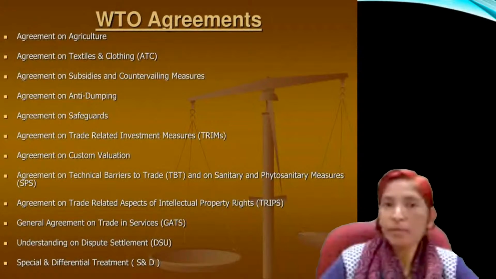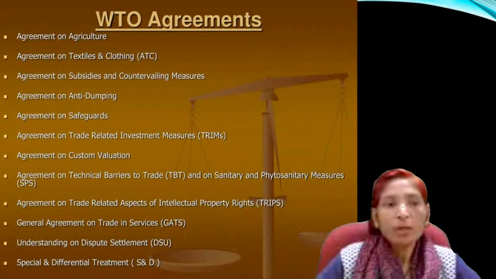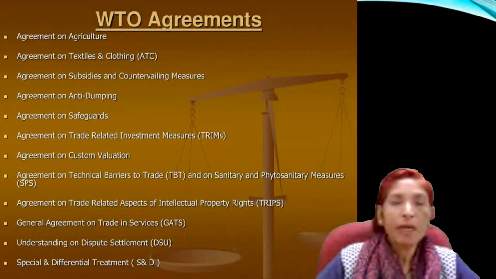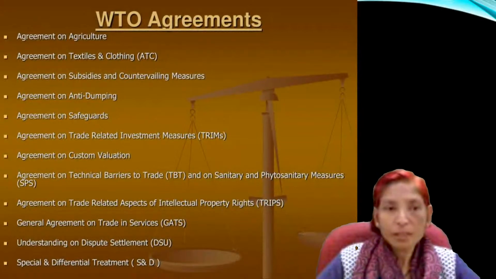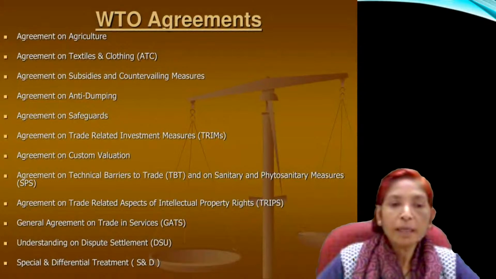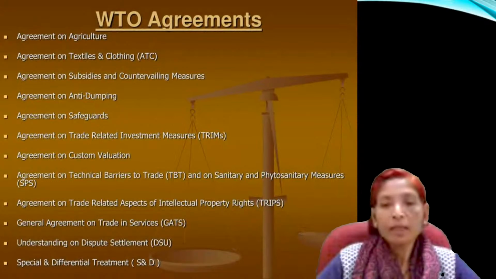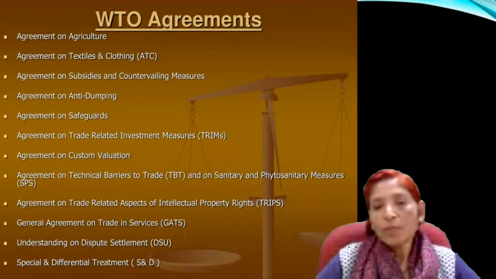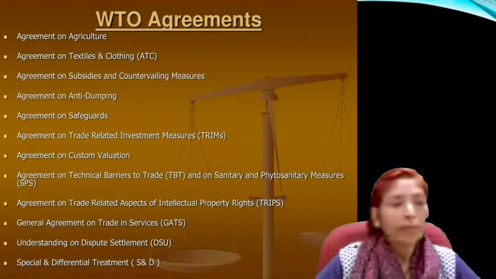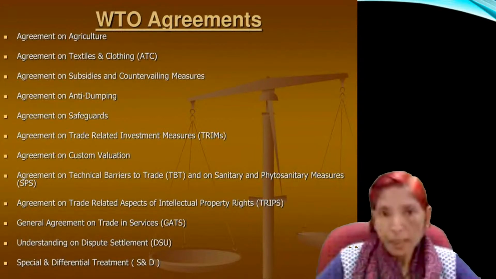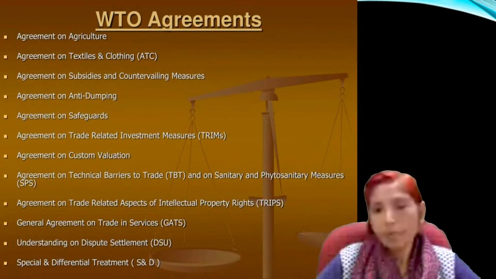Next is agreement on safeguards, agreement on trade related investment measures, which is known as TRIMS, agreement on custom valuation, agreement on technical barriers to trade, and on sanitary and phytosanitary measures, agreement on trade related intellectual property rights, which is known as TRIPS.